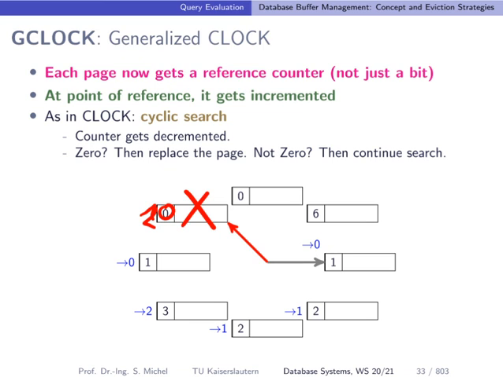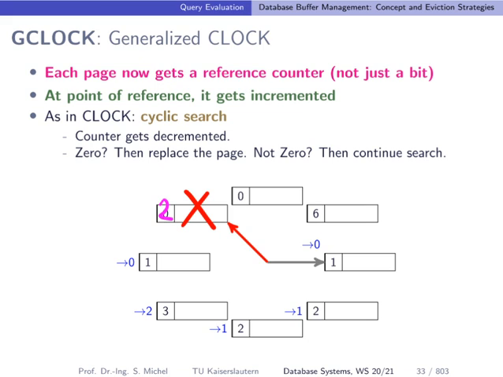The other option is this. Let's say we initially put a 6 here, and over time it's getting lower and lower because we have revisited X. At some point it might be only 2. Now X gets referenced again, and of course we will find it because it's in the buffer. Now we can say, do we increment it by 1 or by a larger number?